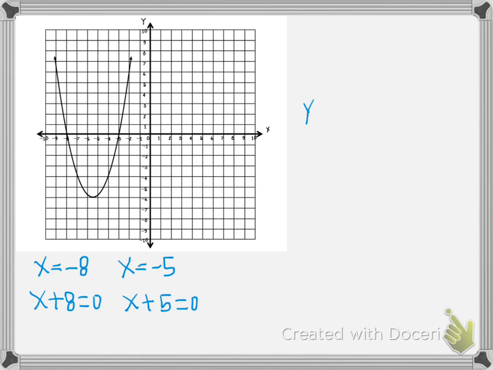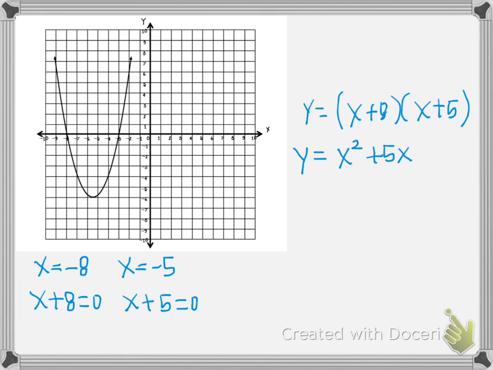Okay, so that means I'm going to have two roots, x plus 8 times x plus 5. So x times x is an x squared, x times 5 is a 5x, 8 times x is an 8x, and 8 times 5 is a 40.